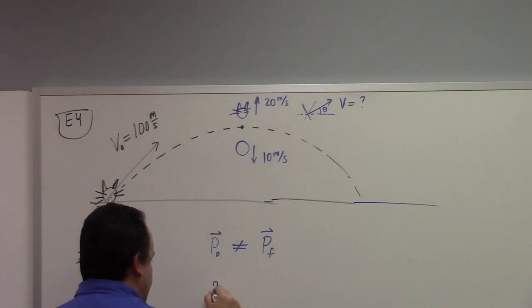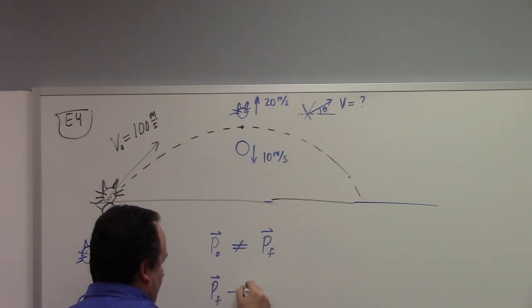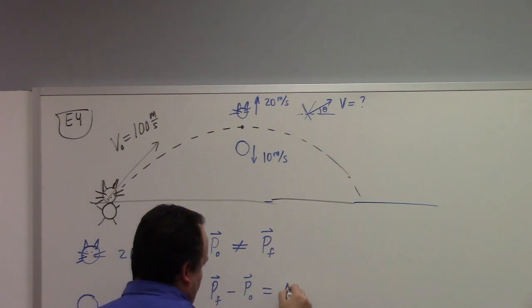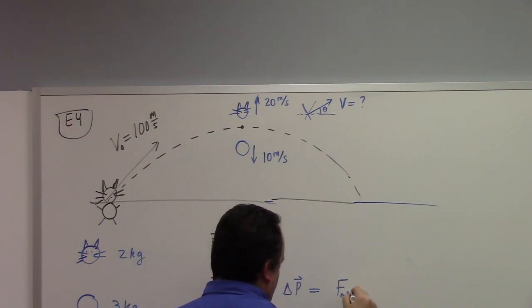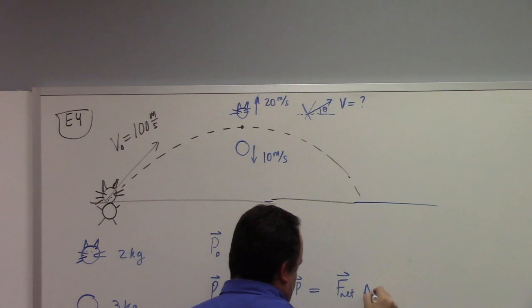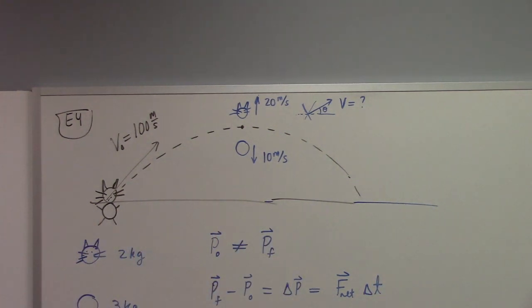There's acceleration, yeah. So the change in momentum, Pf minus P naught, the change in P, is equal to the net force times the change in time. I can't usually just say that, but I can when the force is constant.